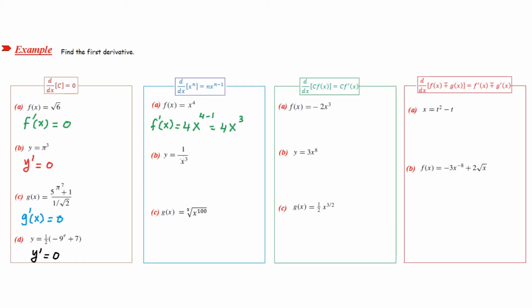For the second one, you have to modify the function. You have to write 1 over x to the power 3 as x to the power negative 3.